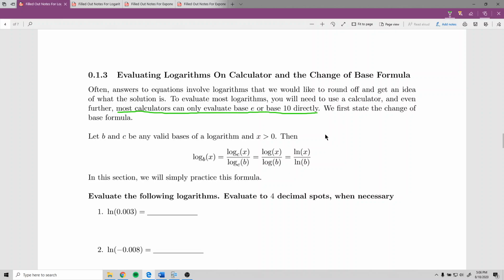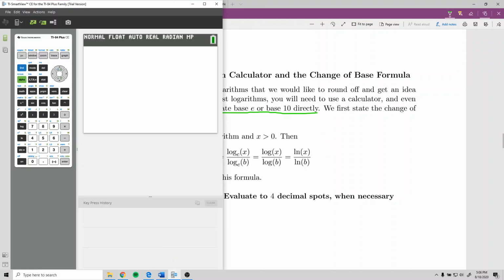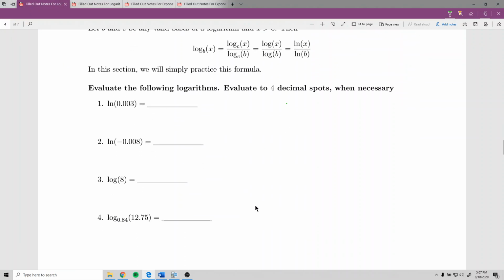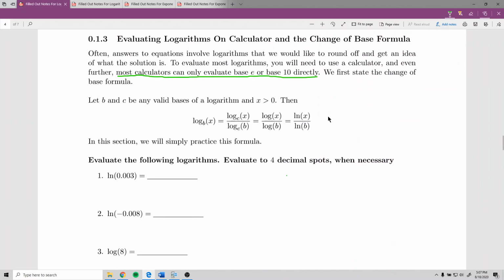On most any calculator, you'll see a log button and an ln button, but you won't see a log with a base b button. Some calculators have a hidden button for that, some do not. And if you want to evaluate something that's not log or ln, like number 4 down here, you have to use the change of base formula.